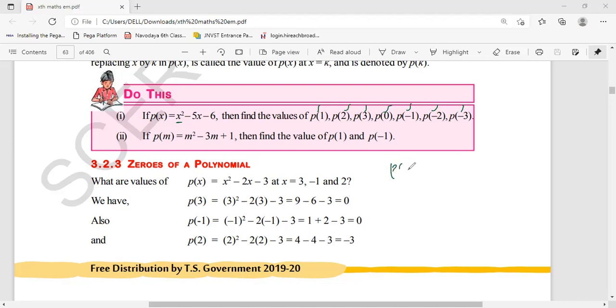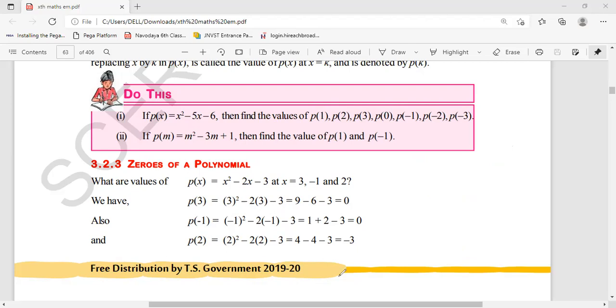If you take p of 0, for example, p of 0 means 0 square minus 5 of 0 minus 6. So what is it? Just minus 6. What can we conclude from here? If you take x is equal to 0, what value do we get? Minus 6. So the value of the polynomial is minus 6 at x is equal to 0.